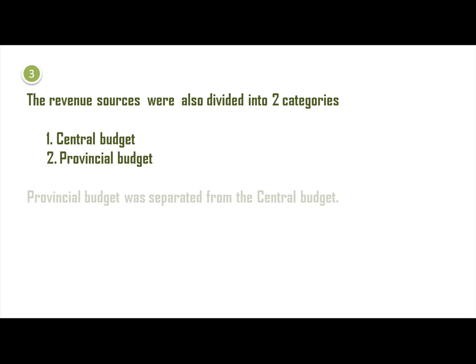Moving on to the third characteristic feature of this Government of India Act, which is revenue. It's very important. The revenue sources were also divided into two categories. What are the two categories? The first one is the central budget and the second one is the provincial budget.